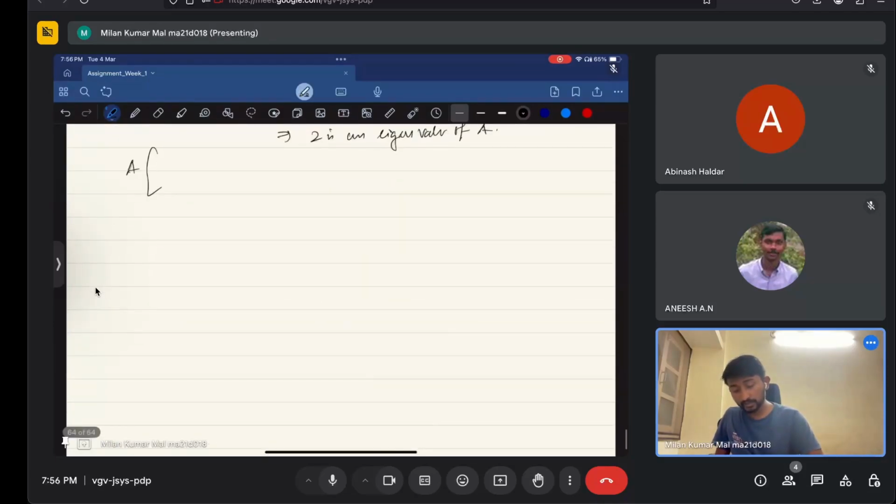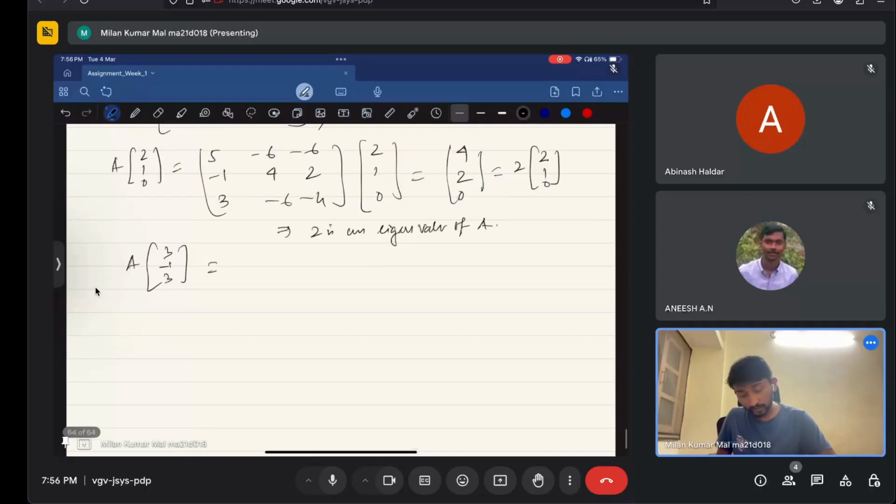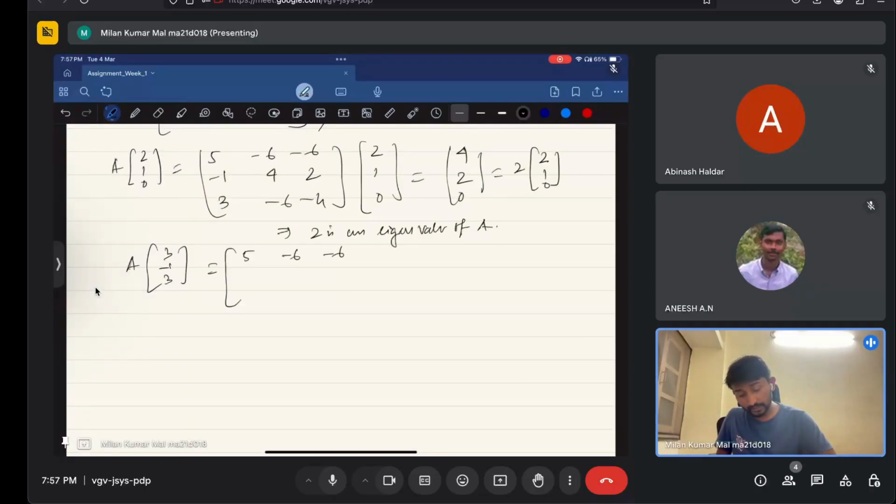That is 5 minus 6 minus 6, minus 1 4 2, 3 minus 6 minus 4, times 3 minus 1 3. The entries are 15 plus 6 minus 18, that is 3, then minus 3 minus 4 plus 6, that is minus 1, and then 9 plus 6 minus 12, that is 3.